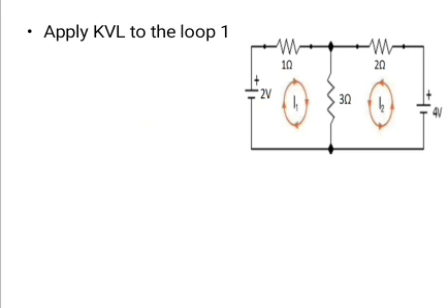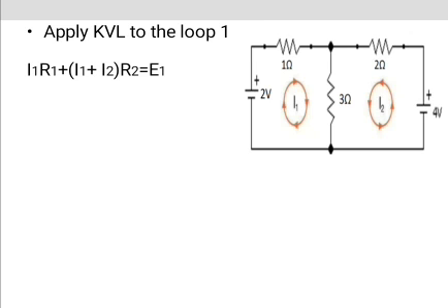Apply KVL to loop 1. I1 into R1, that means I am starting from this point, I1 into R1 plus (I1 plus I2) into R2 equals E1.